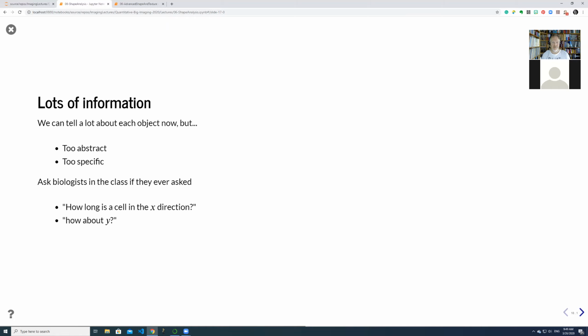Probably not many biologists ask how long is a cell in the X direction, because it doesn't really make sense, because a cell may be not perfectly round and a little bit ellipsoid or something else. So in some cases, it doesn't make sense at all, but it's a very good guiding number to have, in particular if we want to identify regions containing something.